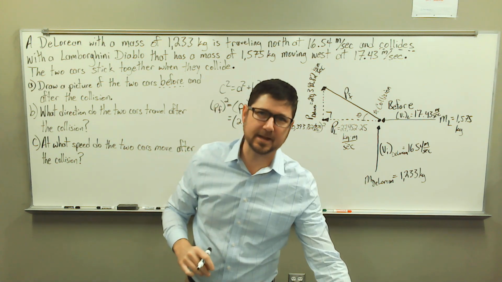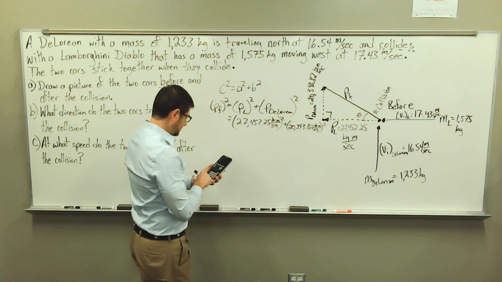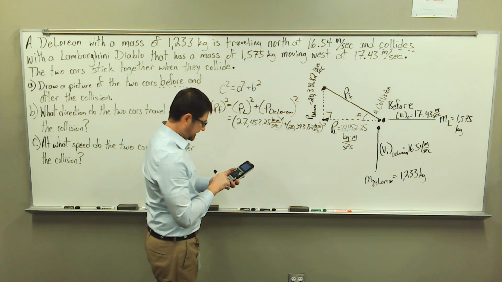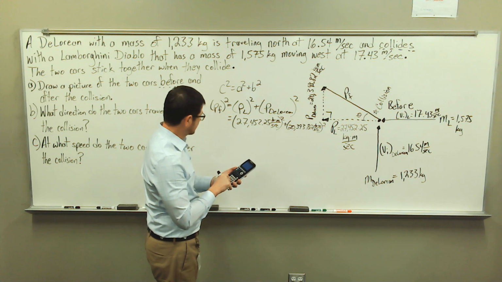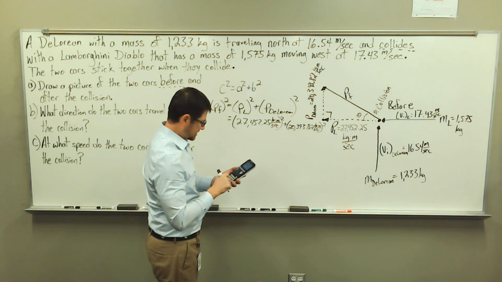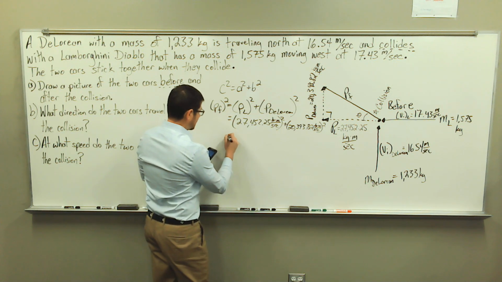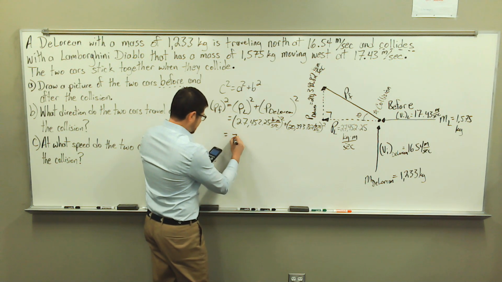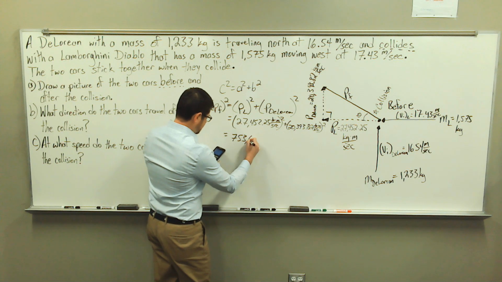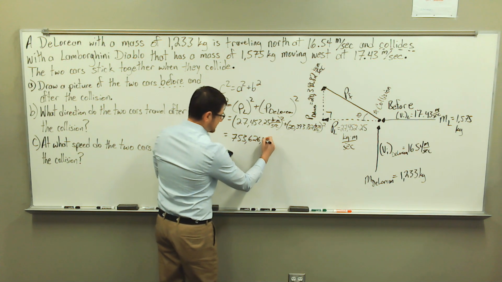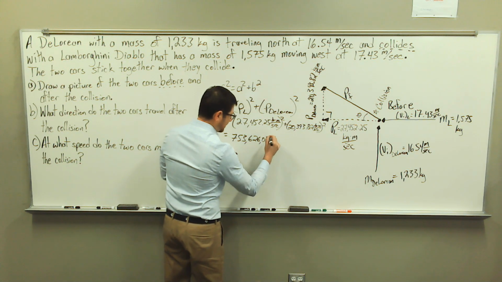So let's grab our calculator here. We're going to get some pretty large numbers since we're squaring them. And I've got 753,626,030.1.